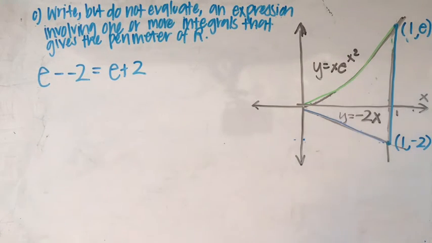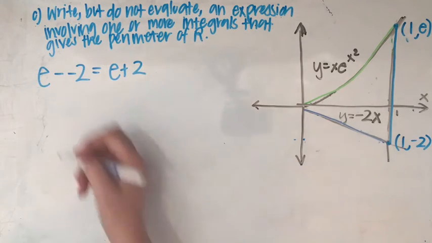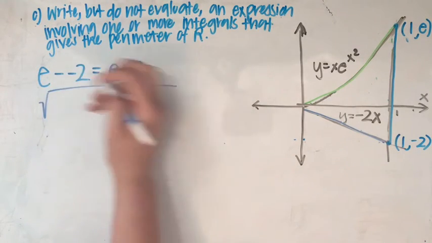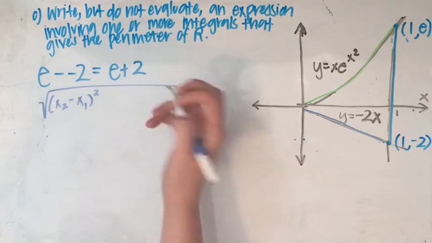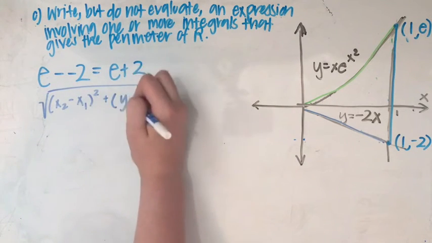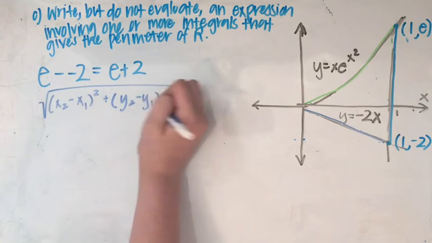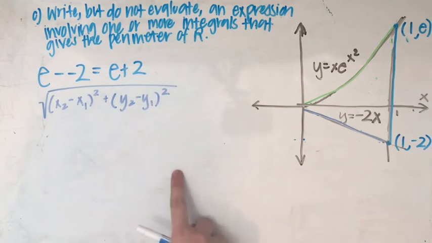Now for the other two, for this one, we can use the distance formula. And the distance formula is the square root of x sub 2 minus x sub 1, quantity squared, plus y sub 2 minus y sub 1, quantity squared.